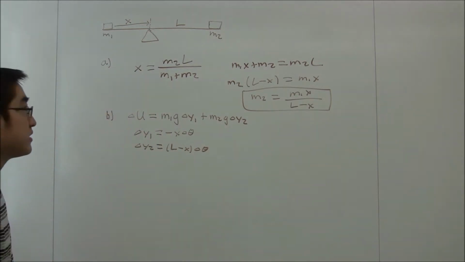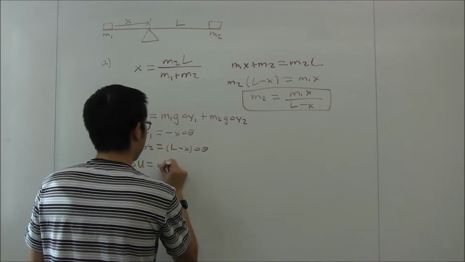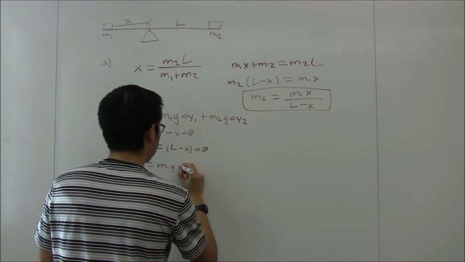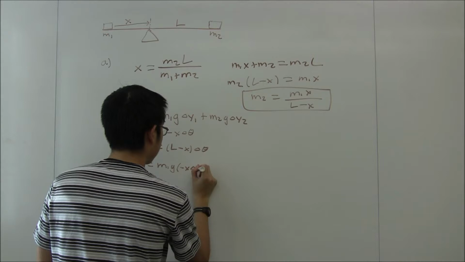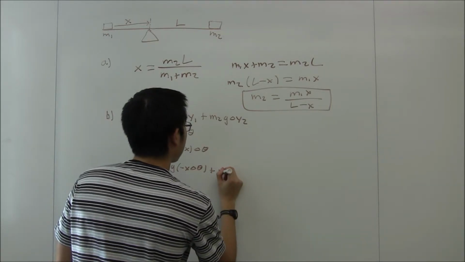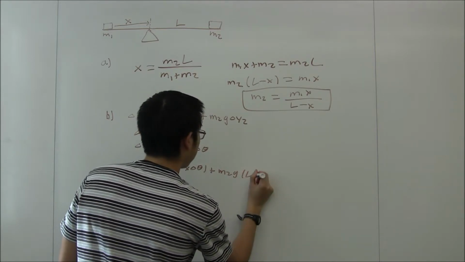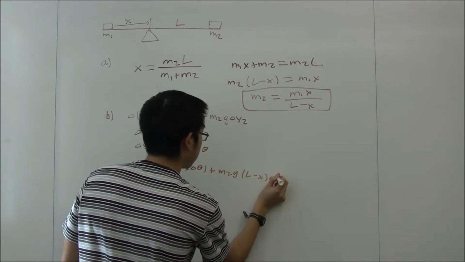Now if we plug that in for delta u, we get that delta u is equal to m1 times g times negative x delta theta plus m2 times g times (L minus x) delta theta.